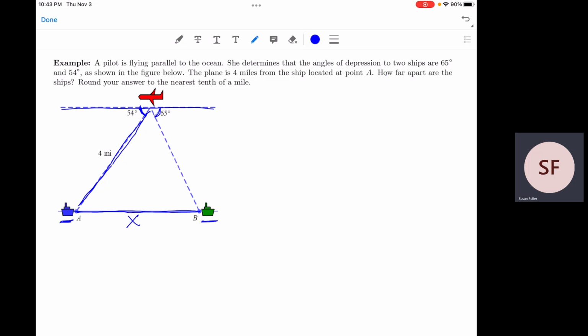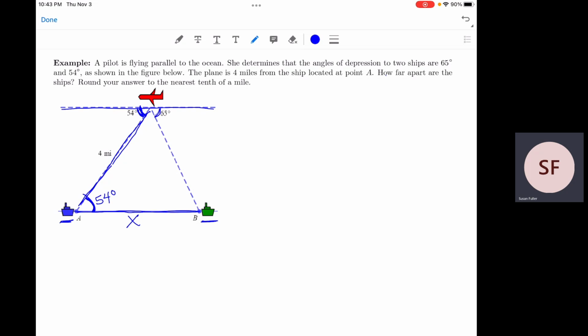And something that we know from geometry, hopefully you recall this, alternate interior angles are equivalent. So this 54 degrees up here and this angle A down here by ship A are alternate interior angles. They're equal. So this angle down here by ship A also has a measure of 54 degrees.